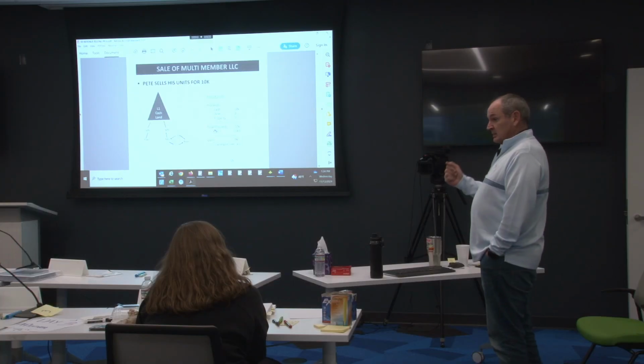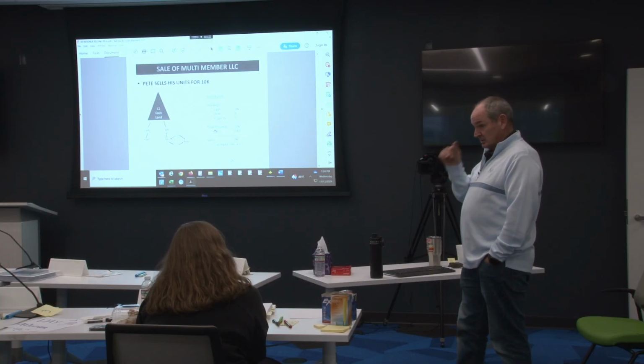So Pete's gain or loss is going to be dictated under what code section? 741. 741, and he's going to have capital gain unless we have hot assets, right? Yes. And buyer has an interest in the partnership, correct? Correct.